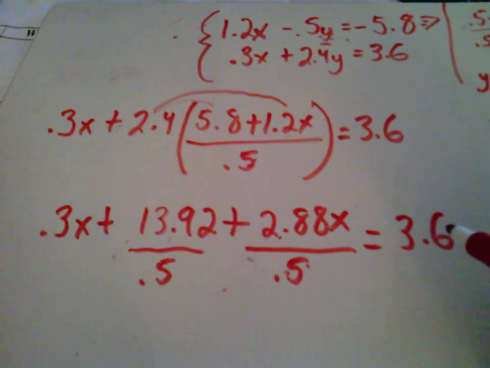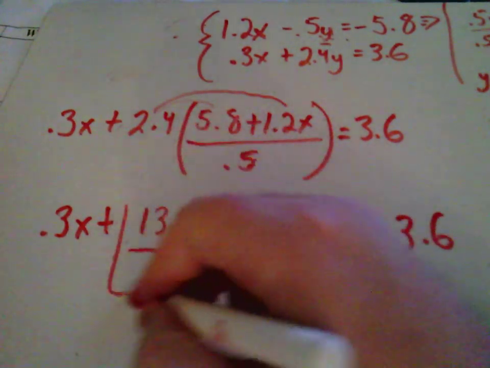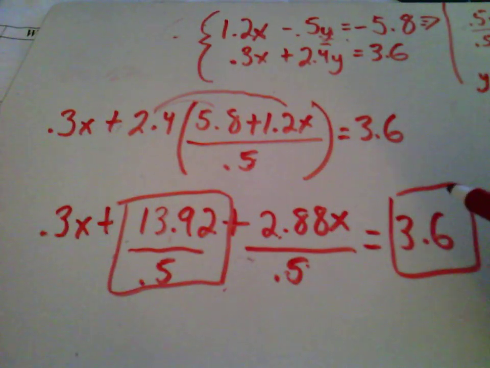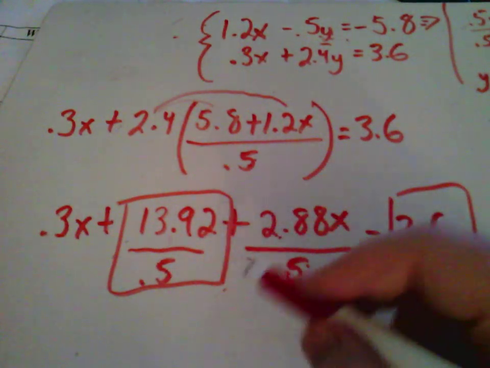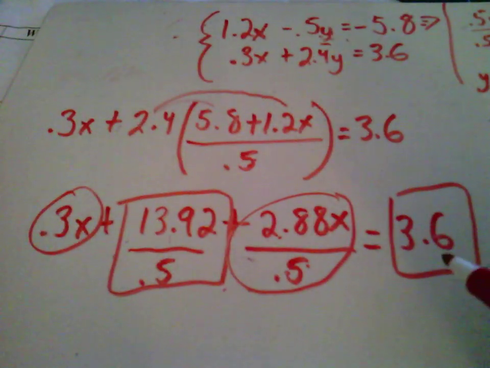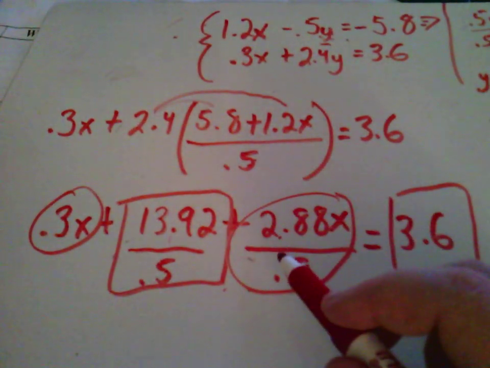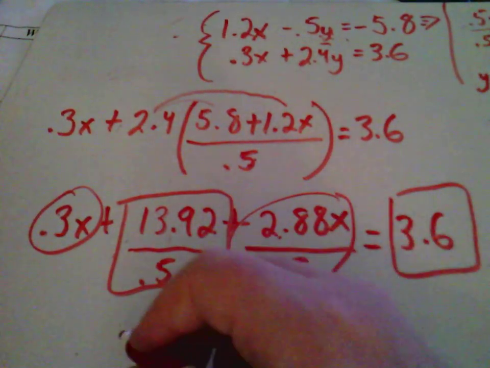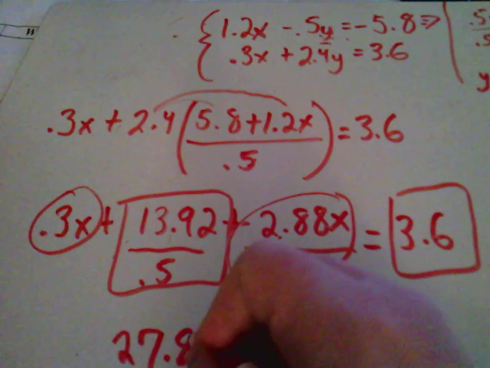Okay, now what? Well, let's combine like terms. This is a like term to this over here on the other side of the equation, so we can subtract this from both sides. So, let's take 13.92 divided by 0.5. That gives us 27.84.